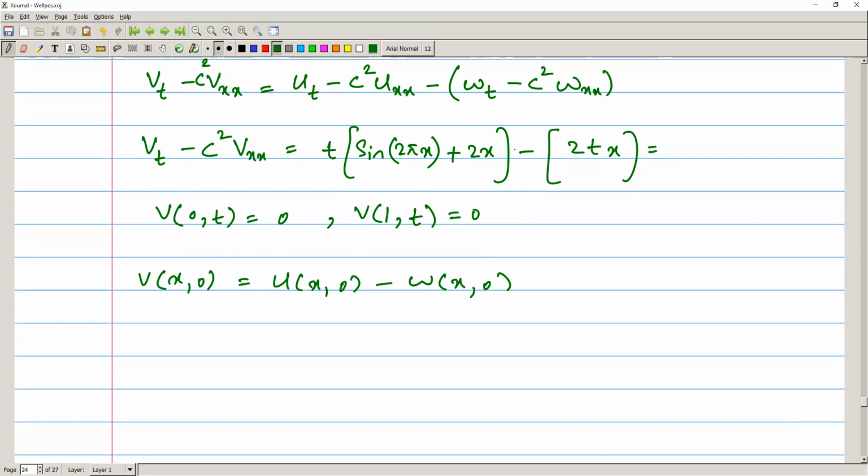So this 2tx and this 2x with t will cancel out, and we will only be left with t sine 2 pi x.